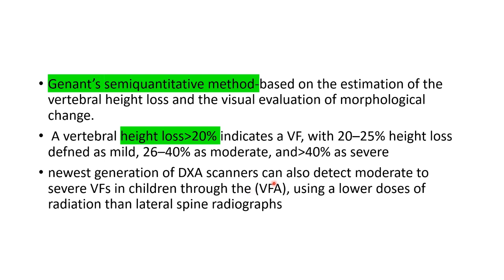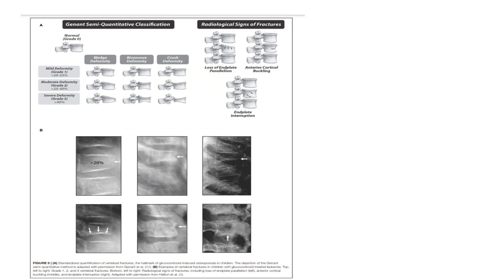DEXA can also do the vertebral imaging, but if there is always a doubt, then the gold standard is lateral spine radiographs only. This is the Genant semi-quantitative classification. As we can see, there may be wedge deformity, biconcave deformity, or crush deformity, and depending on the percentages, if more than 20%, we can categorize as mild, moderate, or severe, according to 20 to 25, 25 to 40, or more than 40.